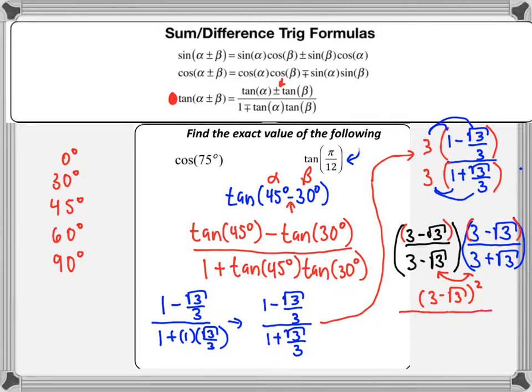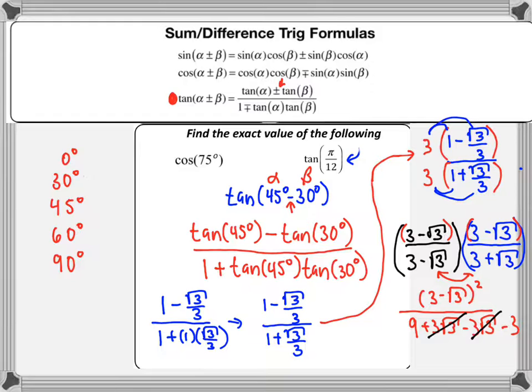On the bottom, I get 3 times 3, which is 9, 3 times root 3, and minus 3, and then I have negative square root of 3 times the square root of 3, which is a minus 3. We're going to cross these guys out, and on the bottom I have 9 minus 3, which gives me 6.